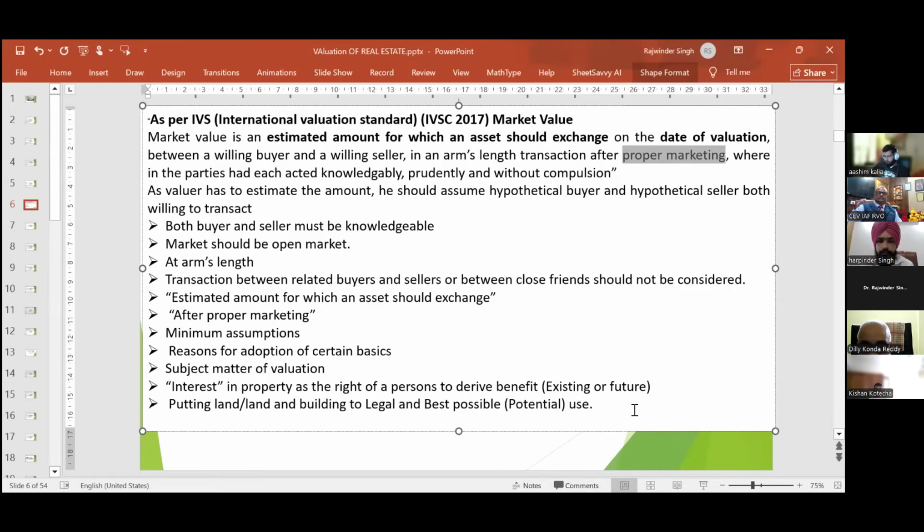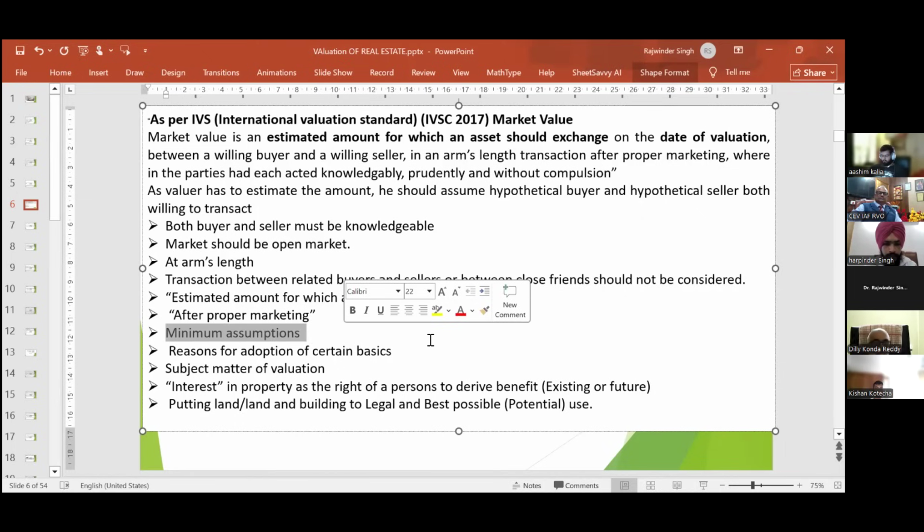Estimated amount for which an asset should exchange on the date of valuation between a willing buyer and a willing seller in an arm's length transaction, after proper marketing wherein the parties had each acted knowledgeably, prudently and without compulsion. And when you are doing valuation, there are certain other things where you should make minimum assumptions.